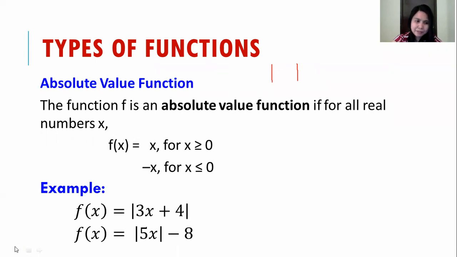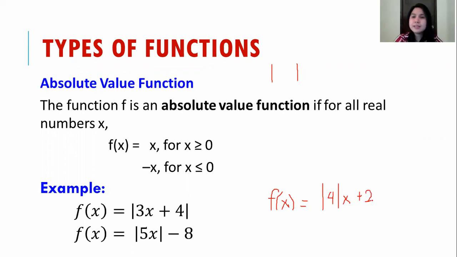Ma'am, what if there's an absolute value, but the variable is not in the absolute value bar? Example, absolute value of 4 plus 2x.